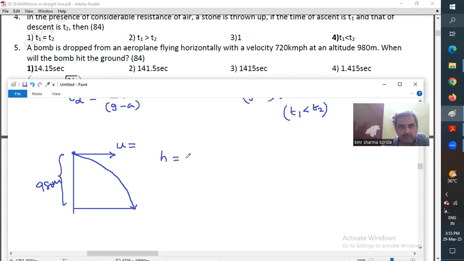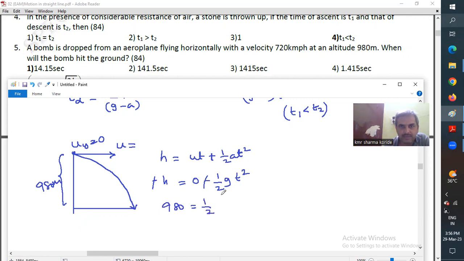So h is equal to ut plus half at square is the source equation. Since it is moving down, h is negative. After it is dropped, it moves like a freely falling body, u is 0 in the vertical direction. So this quantity is 0, g permanently negative. So t square, the minus gets cancelled, h is 980 is equal to half into g t square.